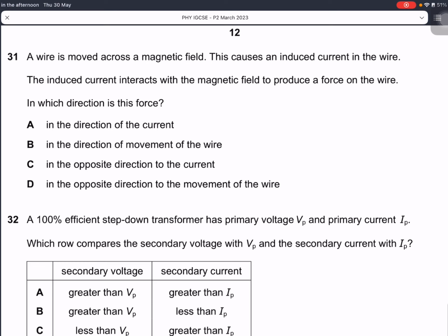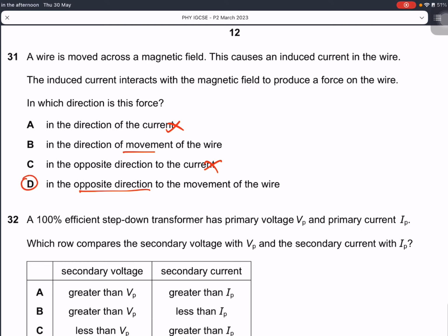In which direction will the force act? In the direction of the current? Definitely not. It's going to be a totally different direction. In the direction of the motion or in the opposite direction of the motion? It would be in the opposite direction, always.